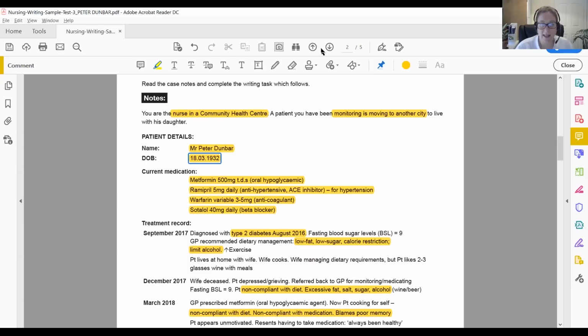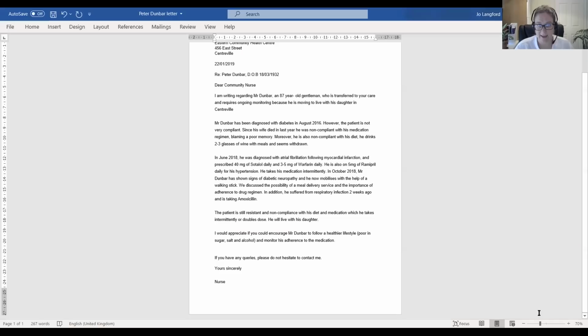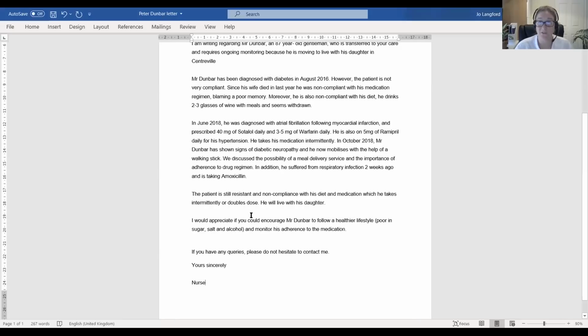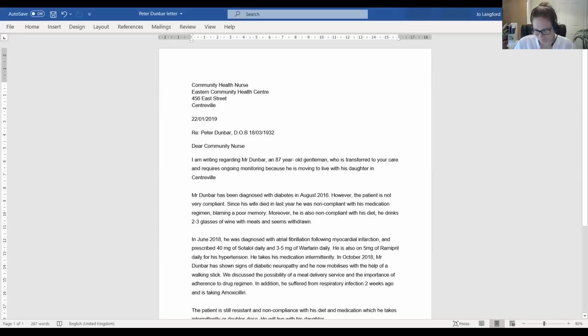Okay, so let's have a little look at a sample student letter. What I'm going to do is go through it, correcting and making suggestions as we go. If you do have any questions and comments about it, please write in the comments and we'll do our best to answer you as soon as possible.